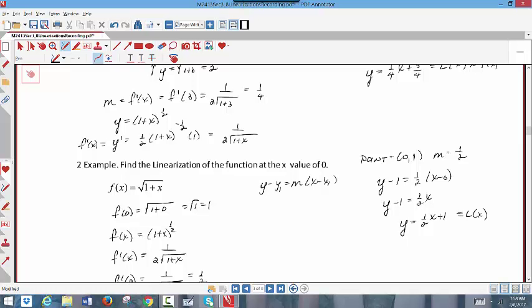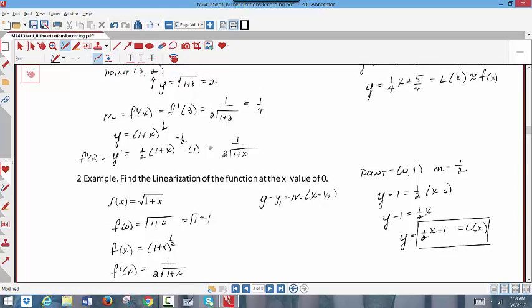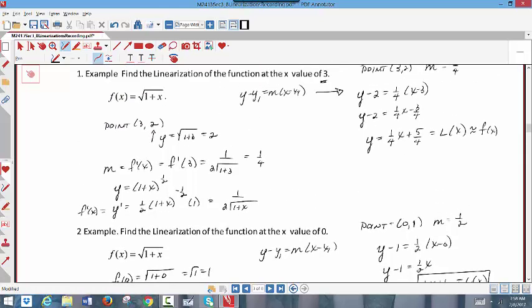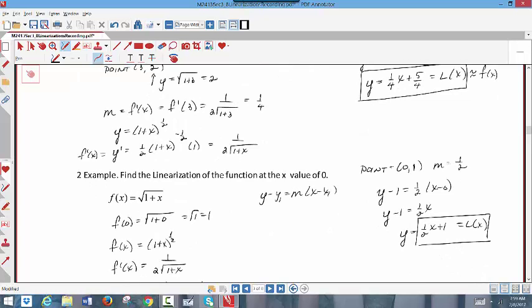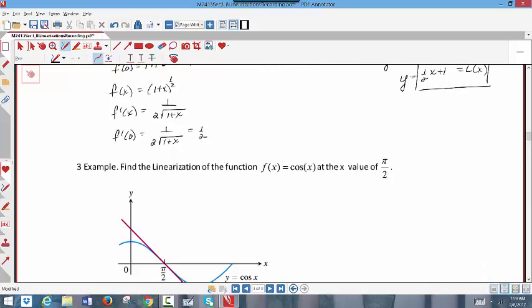And if you go back to the earlier graph on the prior page, you'll see this equation as my linearization function at that point where x is 0, or the point 0, 1. And you also will see the 1/4 x plus 5/4 at the x value of 3 to go back up there and confirm those linearizations.